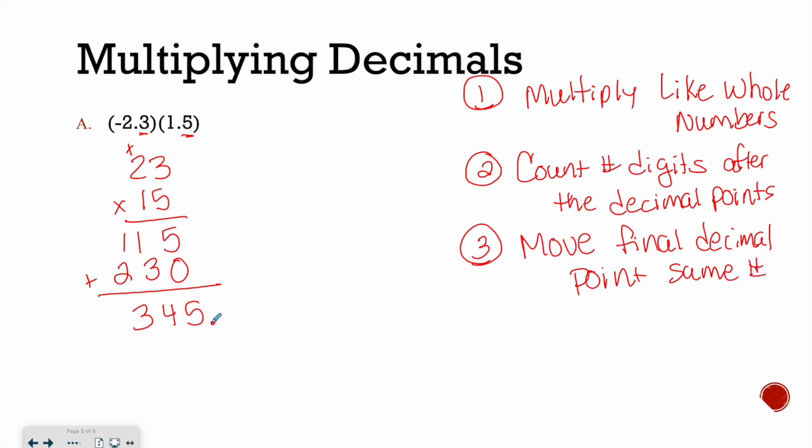So here's my decimal point after the 5. So 1, 2, so 3 and 45/100ths, but it's a negative times a positive, so negative 3 and 45/100ths.